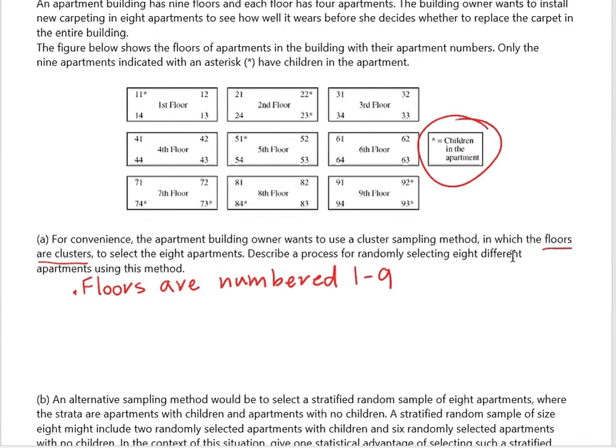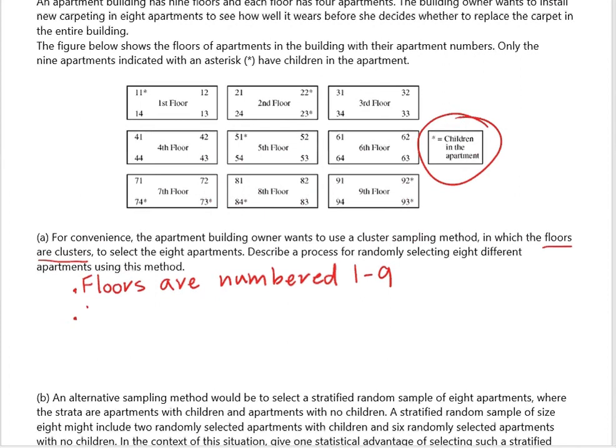Then we are going to use a random number generator to select 2 floors, because that would give us 8 apartments.